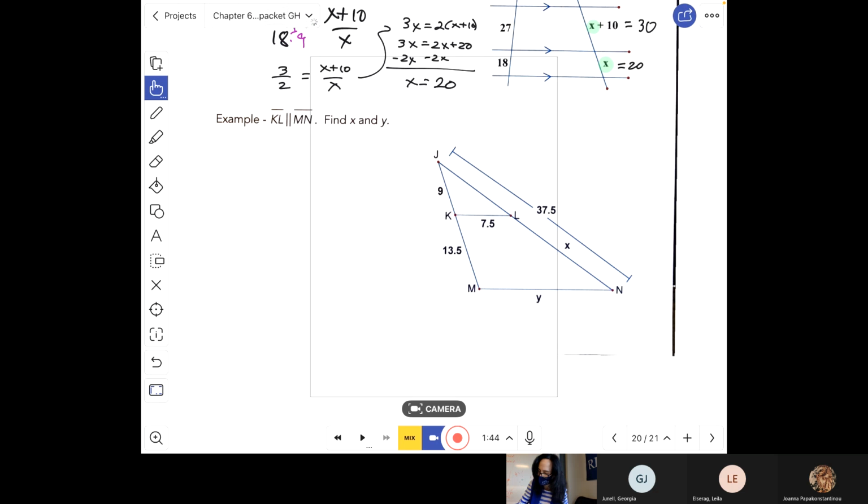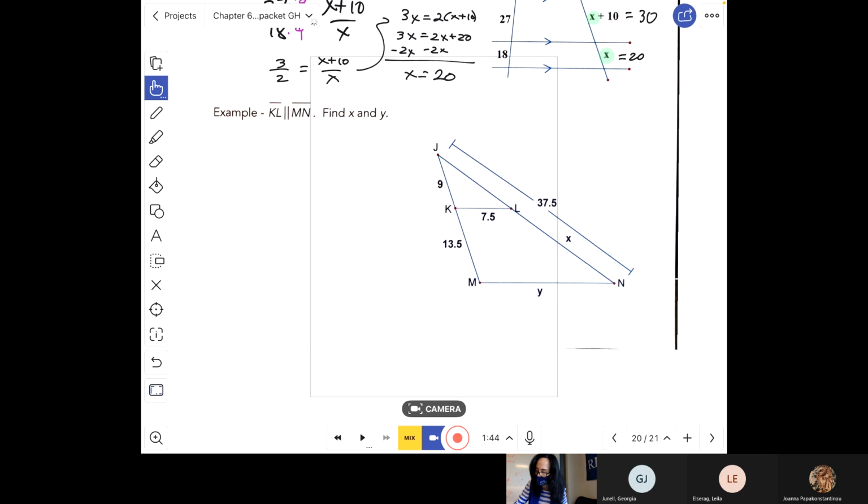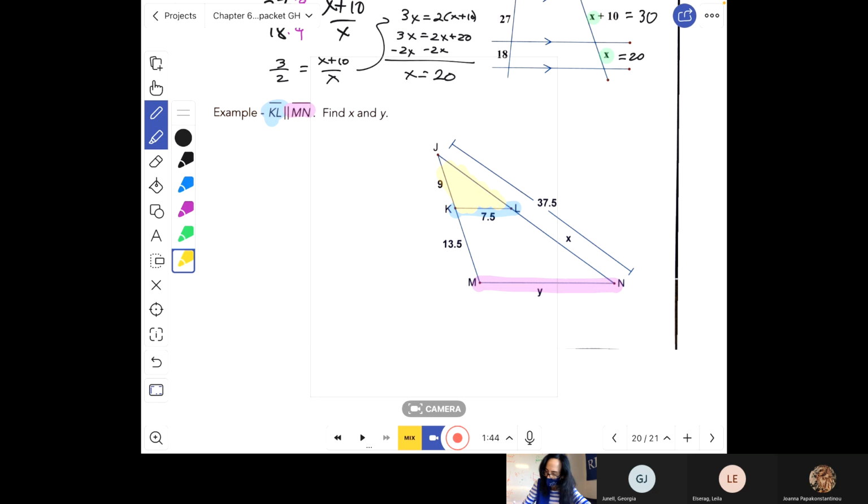Still not gone. All right, we have two parallel lines. I have that KL is parallel to MN. So shall we look at the smaller triangle compared to the larger triangle? I'm going to look at the smaller to the larger.